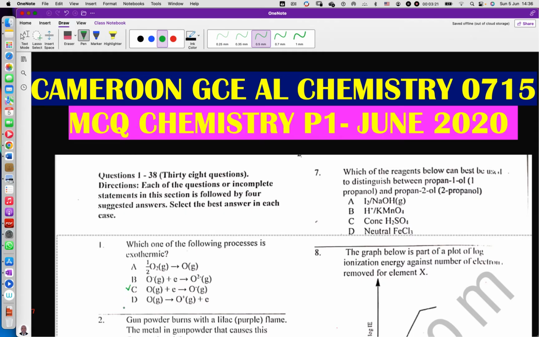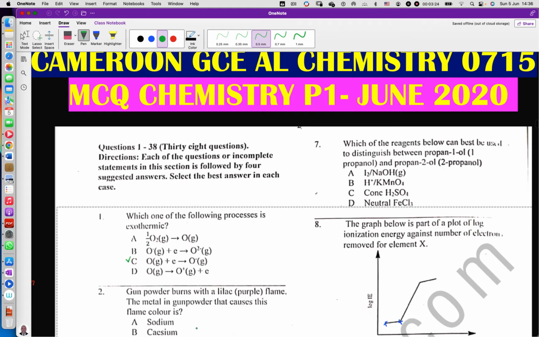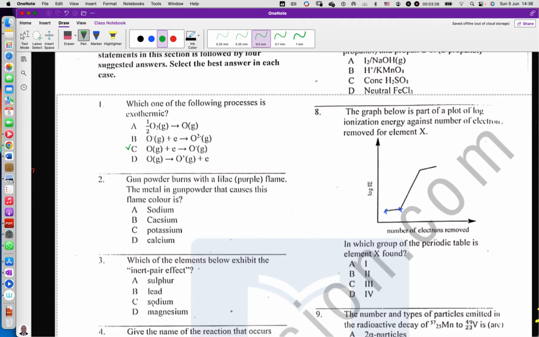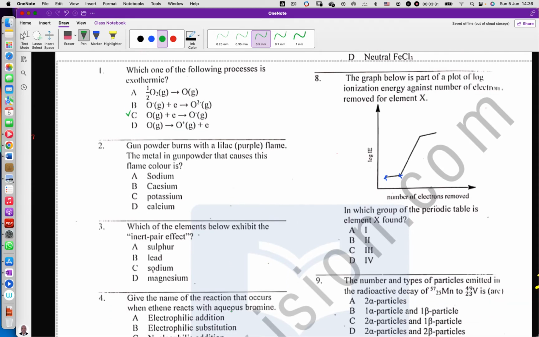Question number 2. Gunpowder burns with a lilac, that is purple, flame. The metal in gunpowder that causes this flame color is A. Sodium, B. Calcium, C. Potassium, D. Calcium.